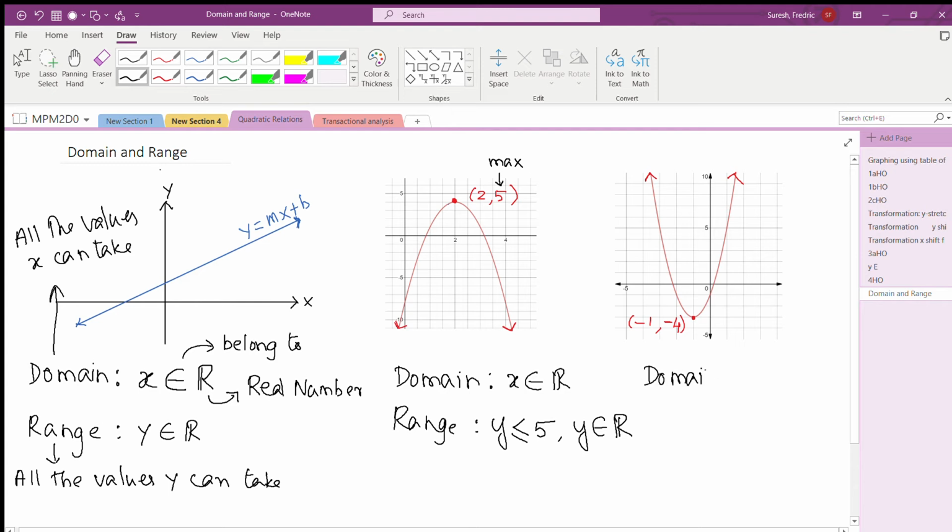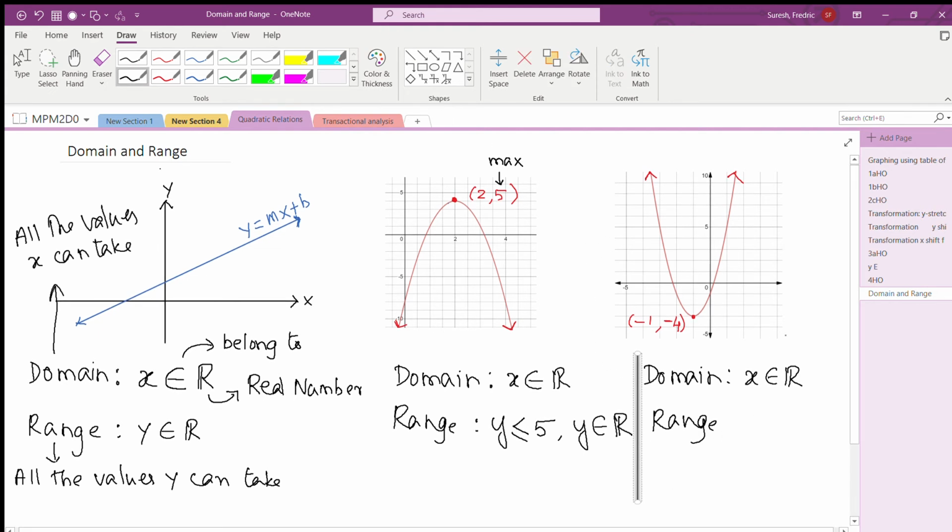Domain, again, it's the same as before. x belongs to real numbers. So for all parabolas and all straight lines, it is true that x belongs to real numbers. And the range is going to be somewhat different, isn't it? Because here in this parabola, we have a graph that is opening up.